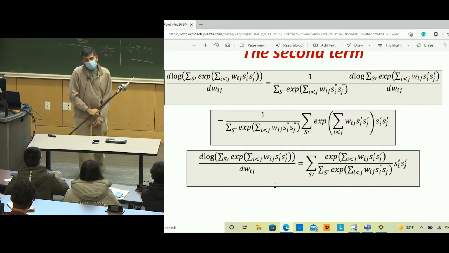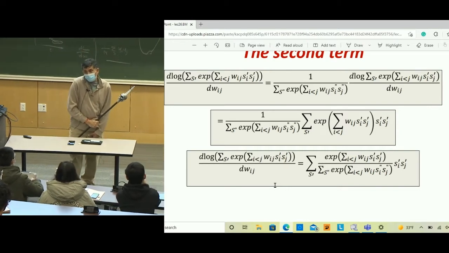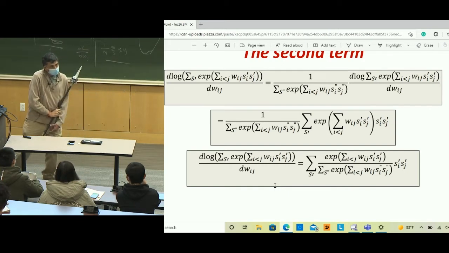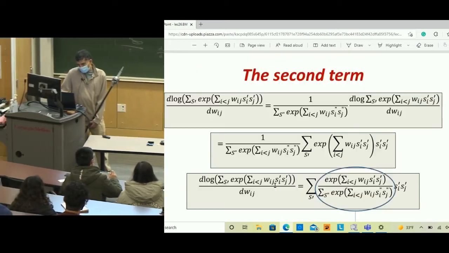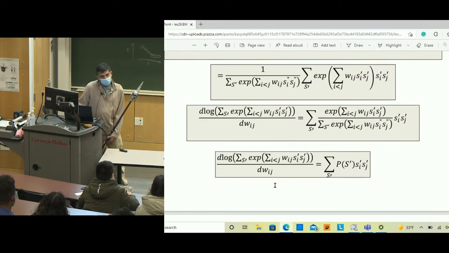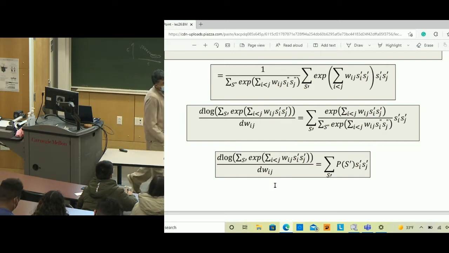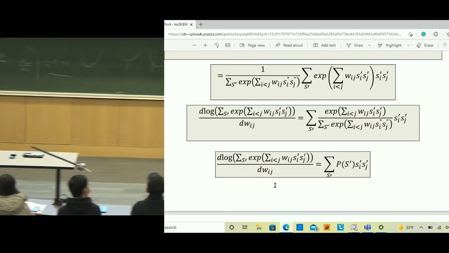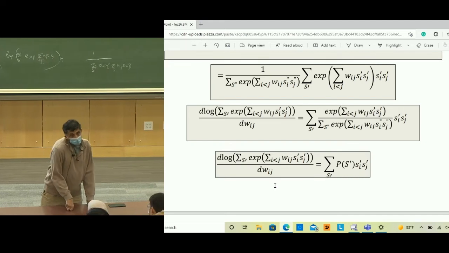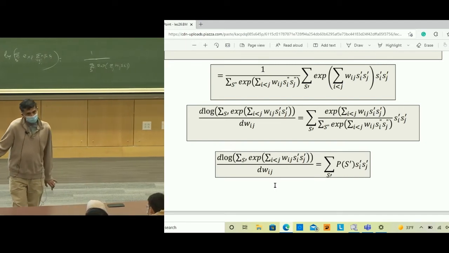That term is simply a probability by itself, right? It's exponent divided by the summation of exponents. And so you end up with, that's p of s prime, right? And so if you actually work out the second term, that turns out to be the average, the expected value of the product of the two bits computed over all possible states, right?